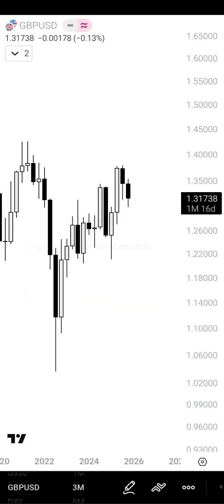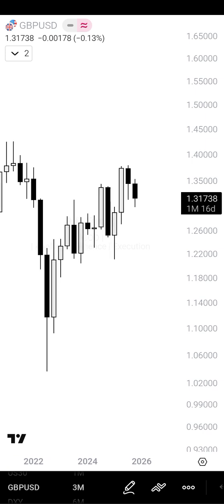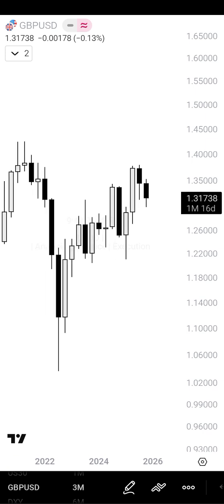Like I said, you need to have a clear direction on the higher time frame. Once you've identified that direction, you can go to the lower time frame and wait for certain criteria to be met, so you can trade along with the higher time frame buyers.